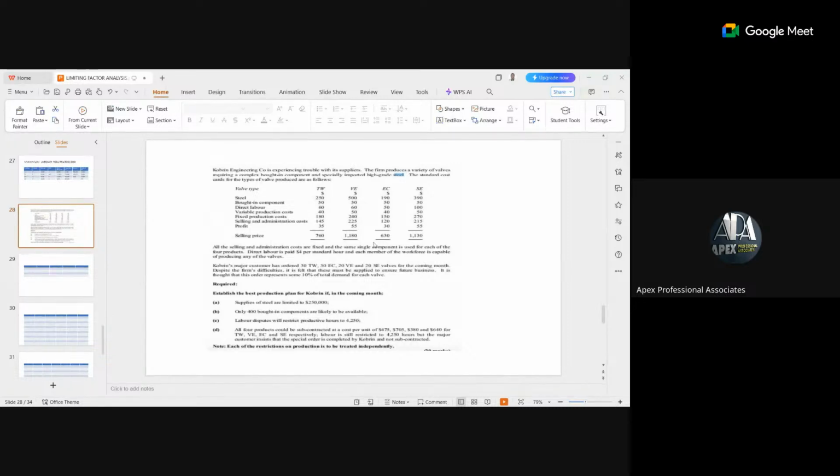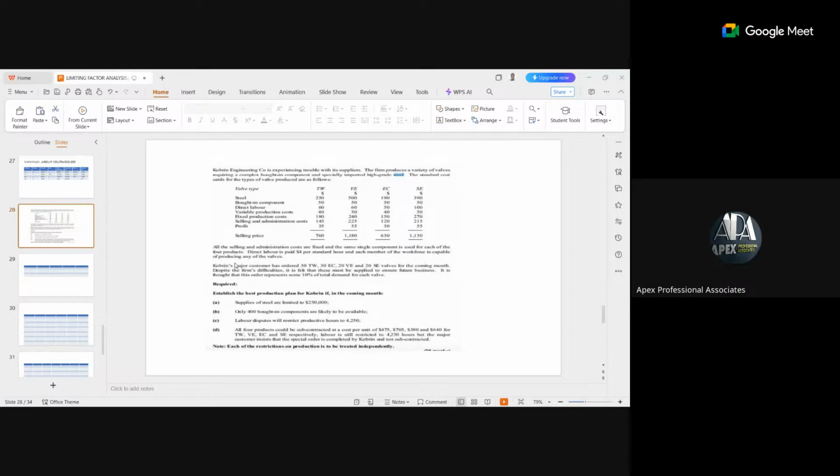So let's quickly move further again. Now take note of this statement. The same single component is used for each of the 4 products.